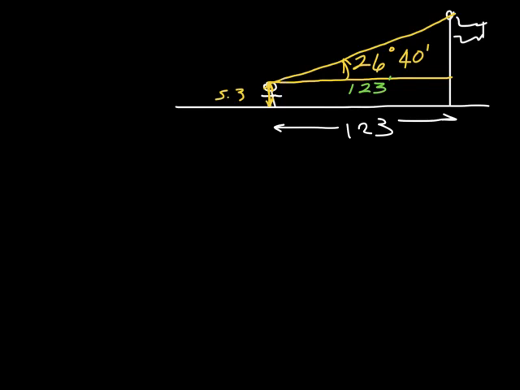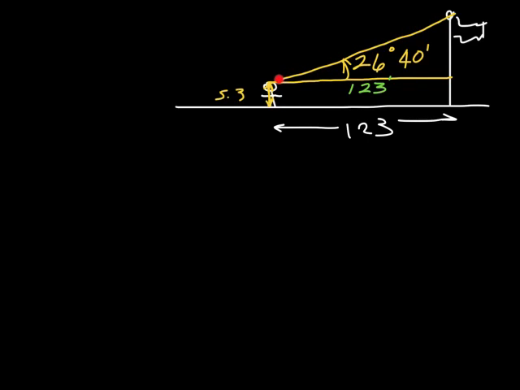We have 26 degrees, 40 minutes, and we have the 123 feet. But the 123 feet is adjacent to this angle that's 26 degrees, 40 minutes. What trig function do I know that deals with an adjacent? Well, tangent is opposite over adjacent. Cosine is adjacent over hypotenuse. But we had just said we don't care about the hypotenuse.